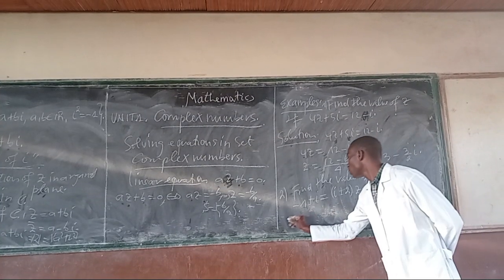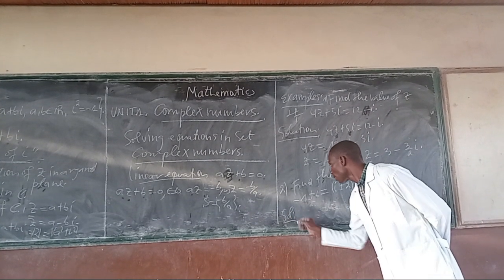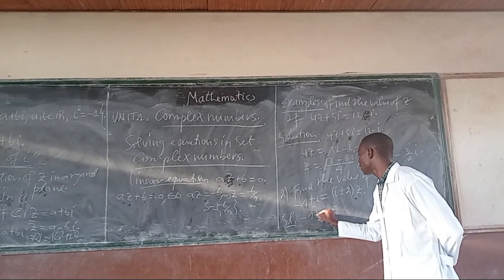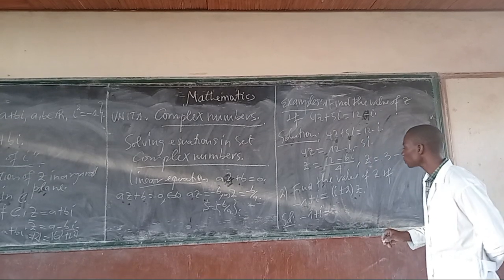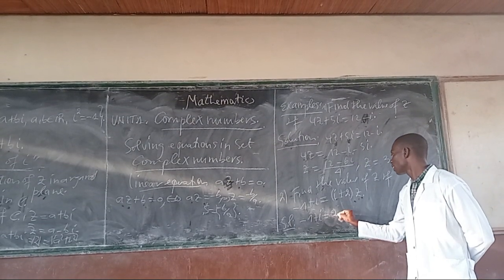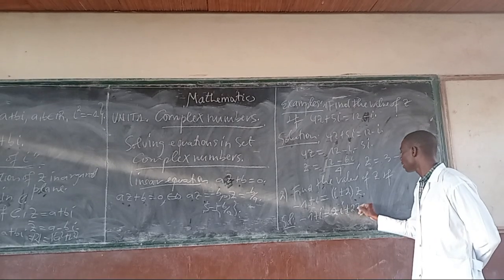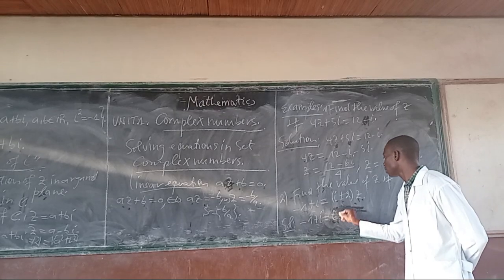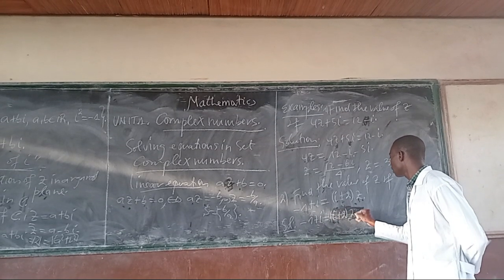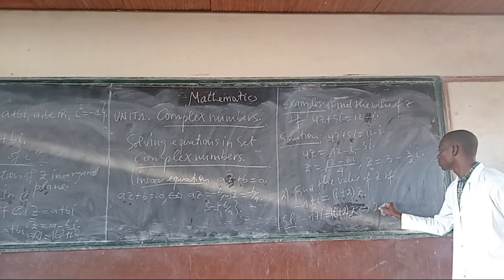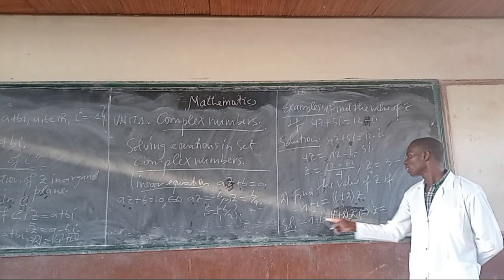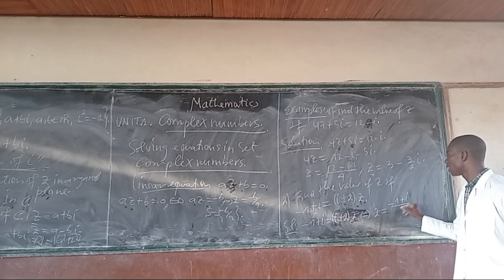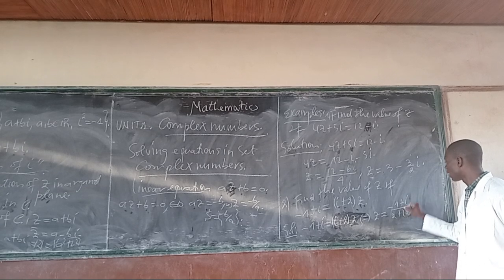Let's solve this one. We have negative 1 plus i, which is equal to, multiplying by z, zi plus 2z, but you can find this without multiplying. We have i plus 2, then z, which implies that z should be equal to, because we are finding the value of z, negative 1 plus i over 2 plus i.